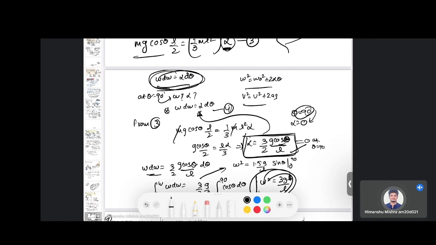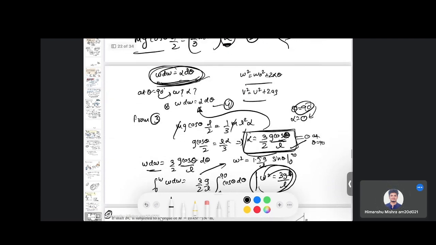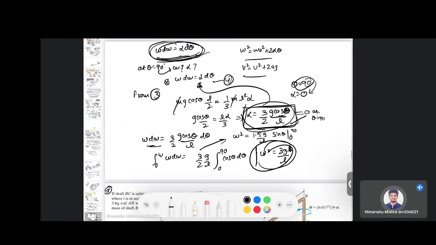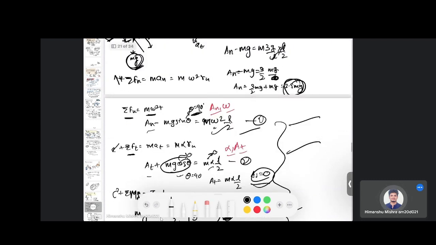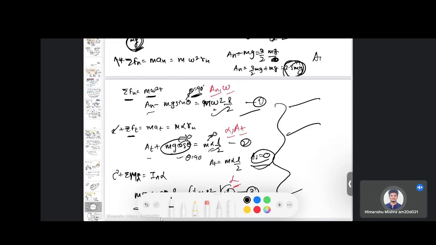Since it is a rotational motion, we define the relationship between theta and omega, and there is alpha also. So from these 4 equations, we found the 4 unknowns. First we found the angular acceleration expression in terms of theta, then we found the omega expression, then we substituted omega and alpha expressions in equations 1 and 2 to calculate the unknown forces AN and AT.